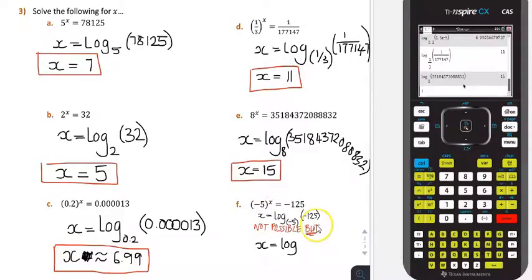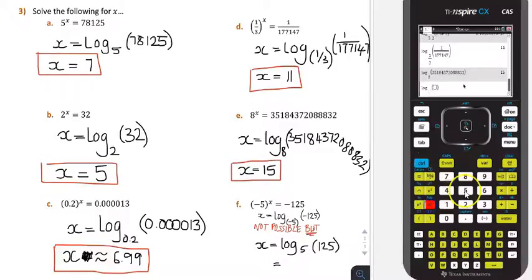But this is without taking into account that the question didn't ask this, the question asked this, what is x? If we got rid of both of those negatives, we said this 5 to the power of x is equal to 125, how would we solve it? We'd go log base 5 of 125, and we'd put that into our calculator to get a result of 3.